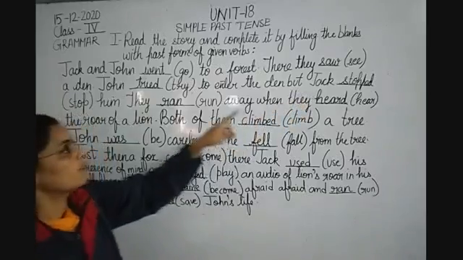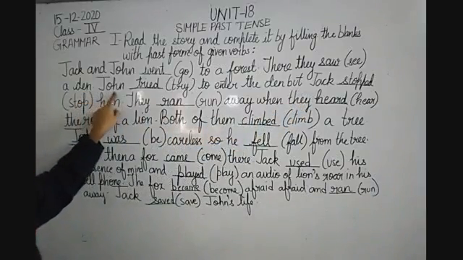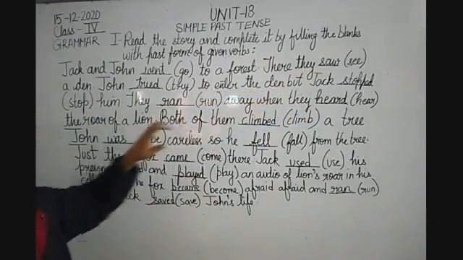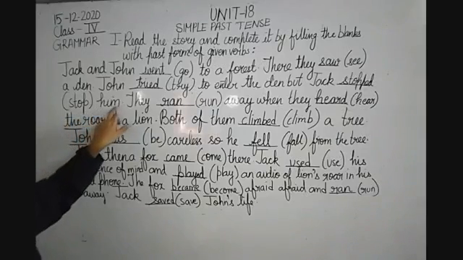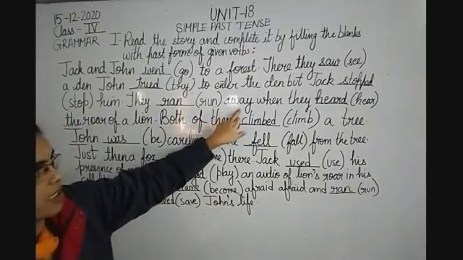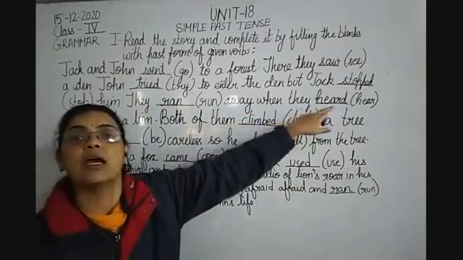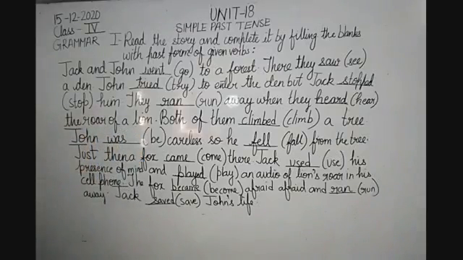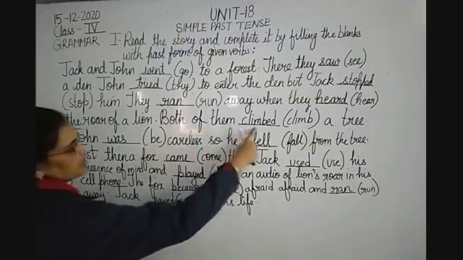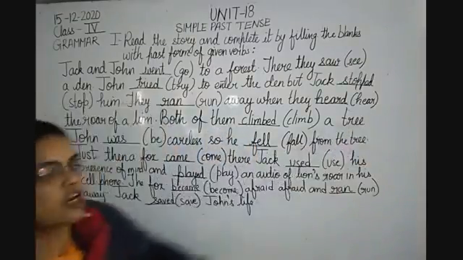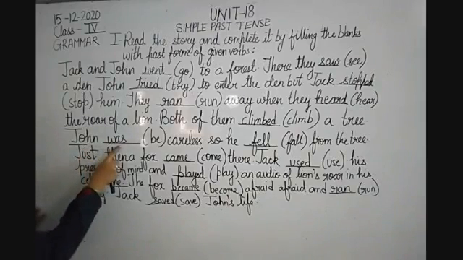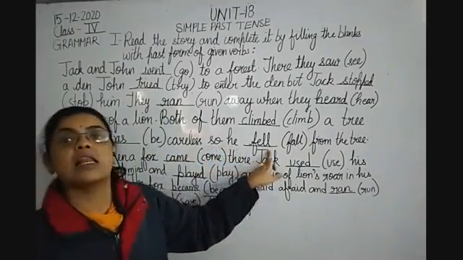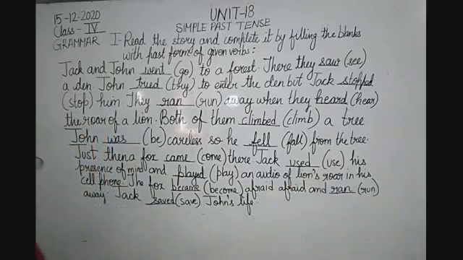There they saw a den. John tried to enter the den, but Jack stopped him. They ran away when they heard the roar of a lion. Both of them climbed a tree. John was careless, so he fell from the tree.